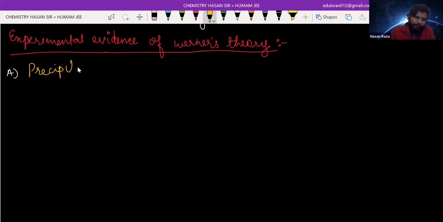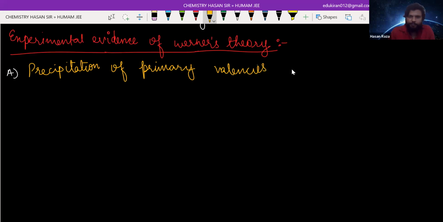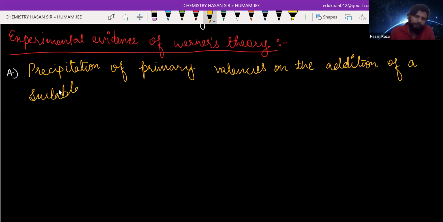Precipitation of primary valencies on the addition of a suitable reagent.